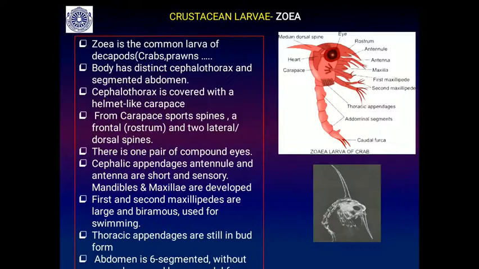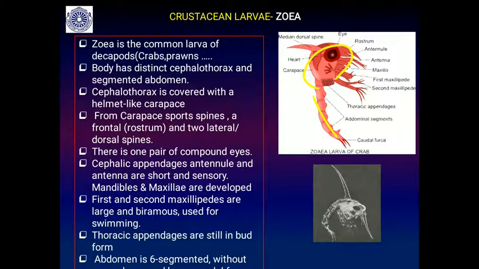The next larval stage is the Zoea. Zoea is the common larva of many of the crabs, prawns, shrimps. This Zoea is about 0.2 millimeter to 0.5 millimeter. It ranges. The body has a cephalothorax and the abdomen.